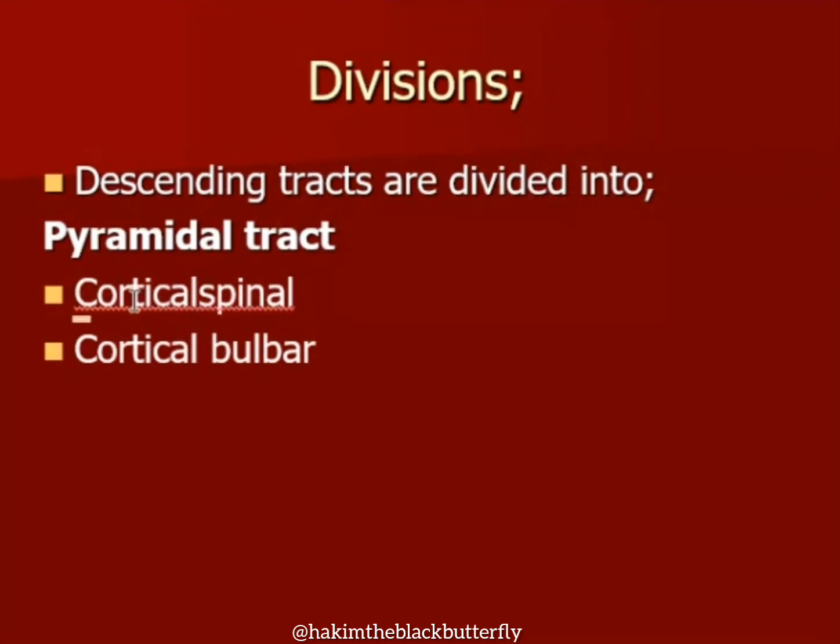So in the corticospinal tracts, their upper motor neurons end at the spinal cord. And in the corticobulbar tracts, their upper motor neurons end at the brain stem. And both the corticospinal and the corticobulbar are under what we call the pyramidal tract, one of the subdivisions of the descending tract.